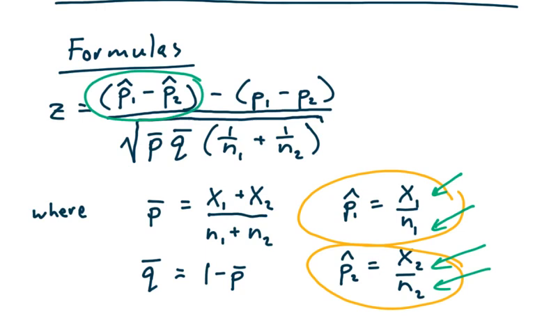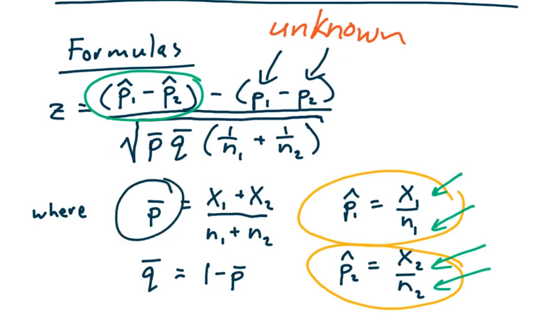Instead of taking P1 or P2, remember, we don't know these. These are unknown. So instead, we get an estimate for this. The P bar is a weighted average.